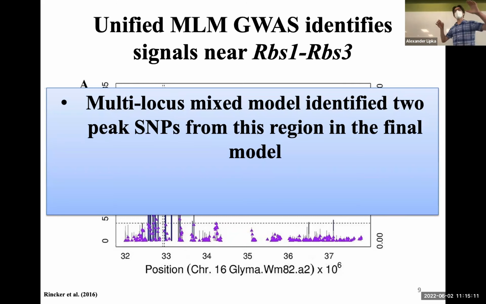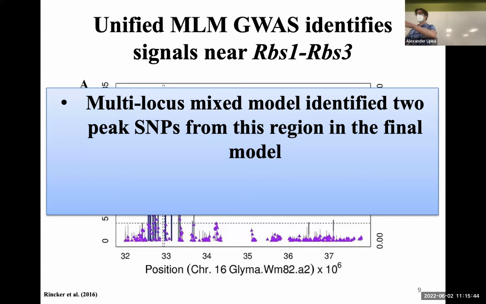So what we did was we performed a multi-locus mixed model, okay? I'll be happy to talk about the details afterwards, but basically this is a unified mixed linear model, where you are accounting for population structure and for relatedness in the manner that I've shown already, but we're doing a stepwise model selection procedure to select multiple markers that can be included in the model at once.